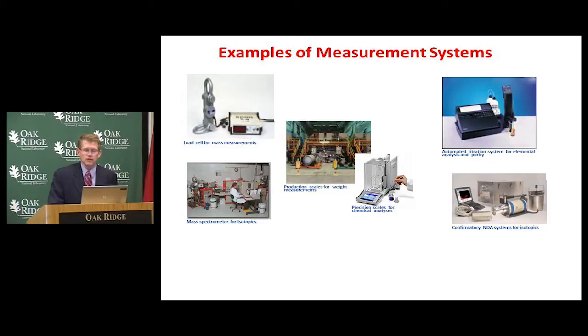The bottom right is another piece of portable instrument, a non-destructive assay system for collecting gamma ray spectra to try to verify what isotopes are present and what is the concentration of those isotopes. Sometimes they will use process information to get information. Here's a picture showing UF6 cylinders sitting on process scales.